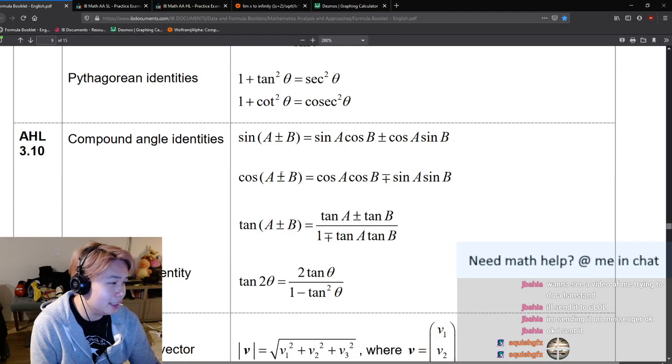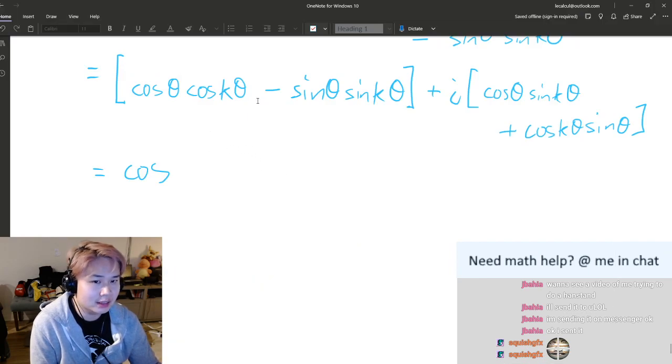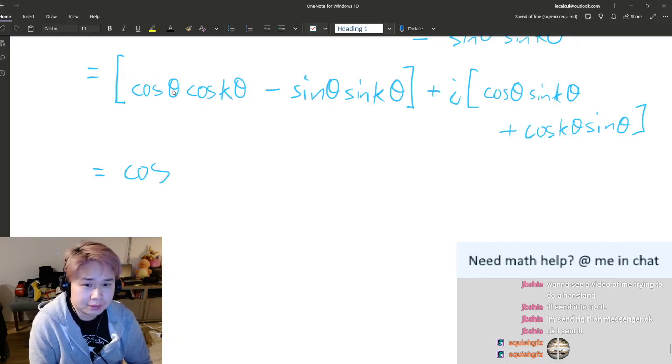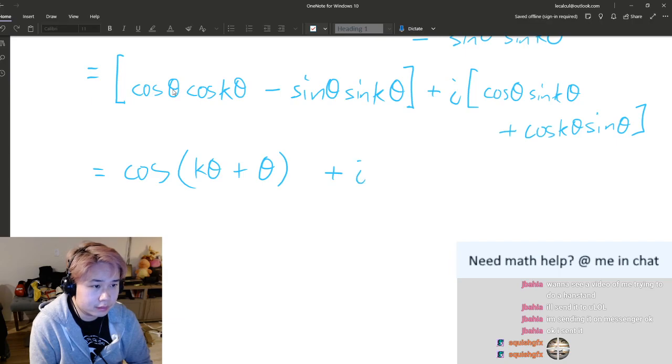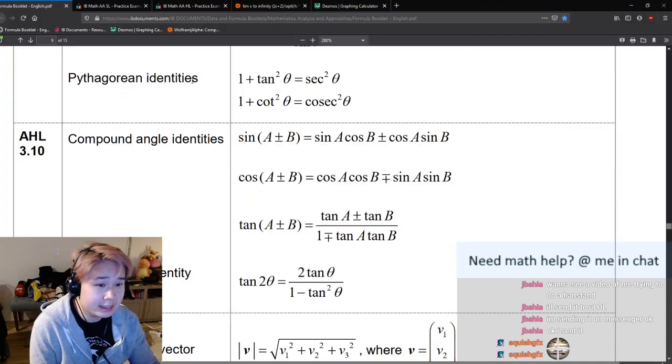So we can combine them together and make a plus b. In other words, k theta plus theta. And then the same thing, we apply the other identity, this one.